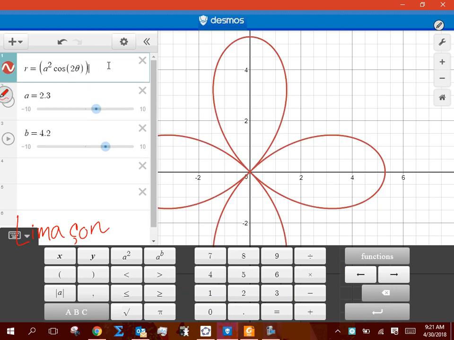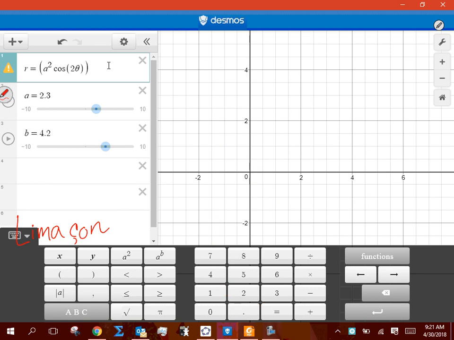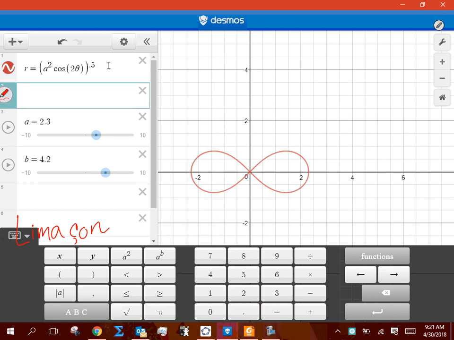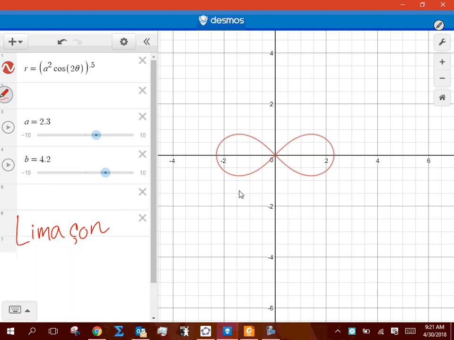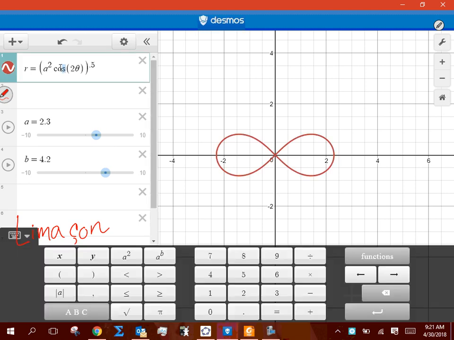That looks pretty cool, but that's not what we're looking for. That is a lemniscate. It looks like the infinity symbol, right? If I change it to a sine instead of cosine, it just does that.